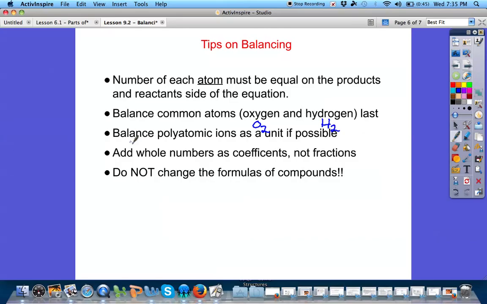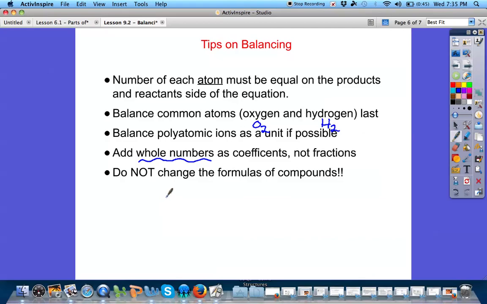You want to add whole numbers as your coefficients. You can't use fractions, and you do not change the formulas of the compounds. So don't just say, oh, I must have not written it correctly, and change it. It has to be the balanced formula for your ionic compounds, using the prefixes for your covalent compounds, and using your diatomic formulas for your diatomic molecules.